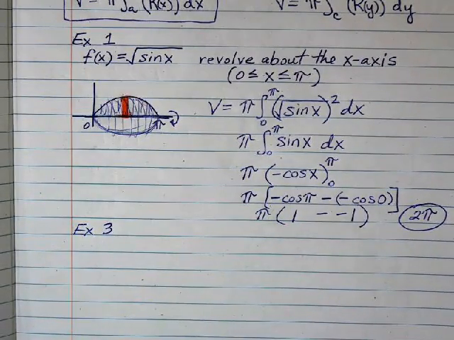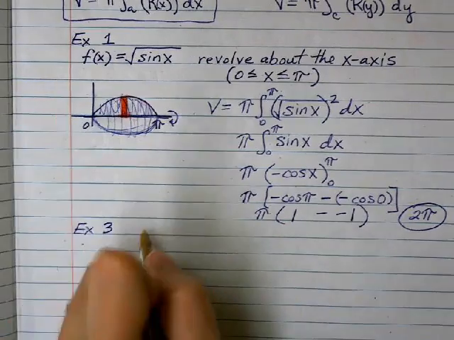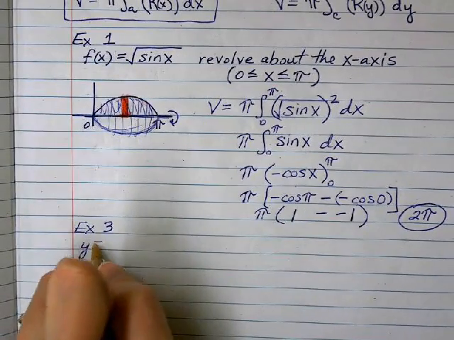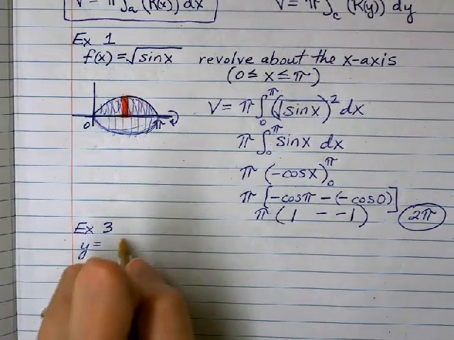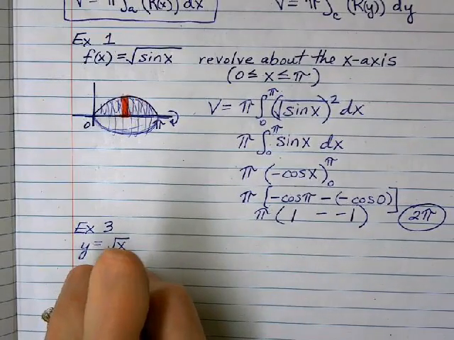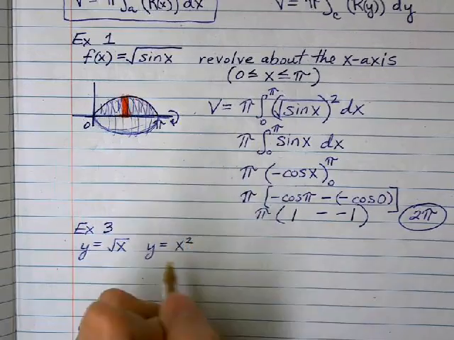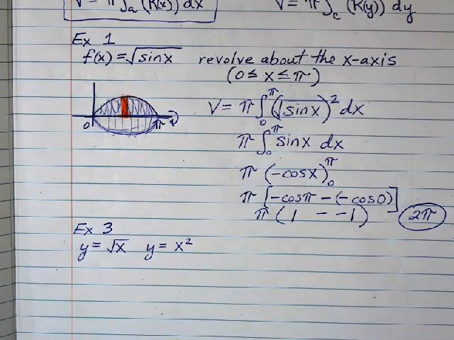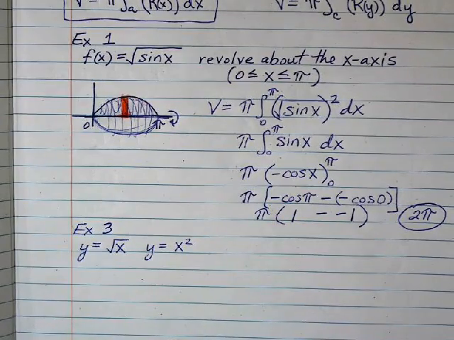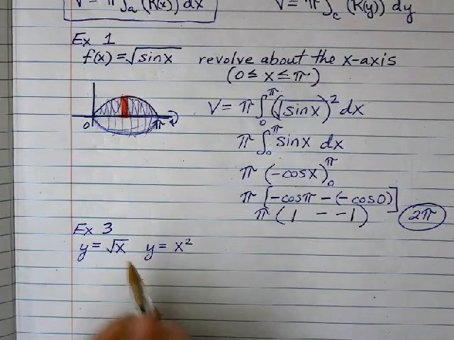Okay, so now this one has new equations again. We have y equals square root of x and y equals x squared. It says find the volume of the solid formed by revolving the region bounded by these graphs about the x-axis.